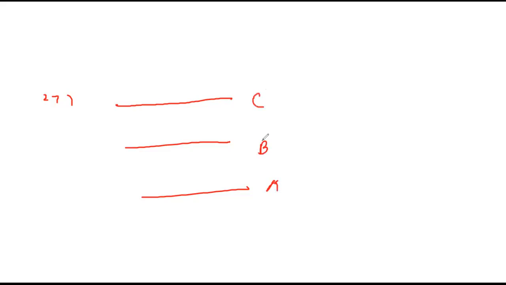27. Energy levels A, B, C. This line is called energy level. A, B, C of a certain atom, corresponding to increasing value of energy, are EA, EB, EC.